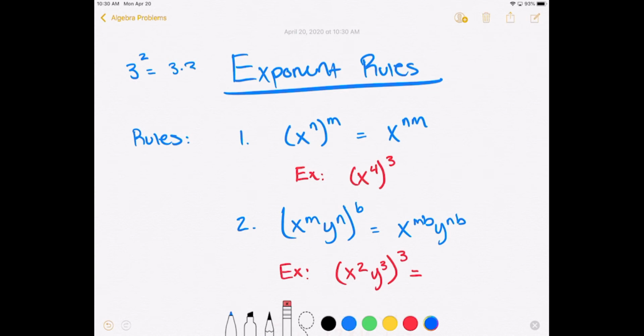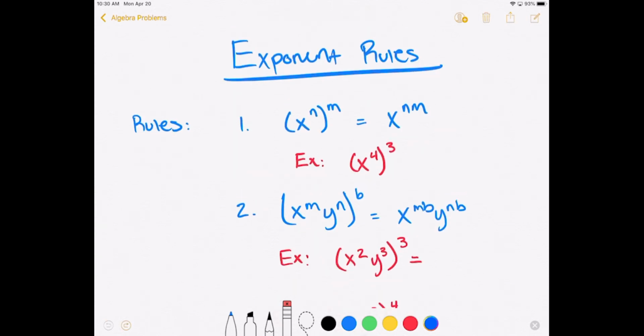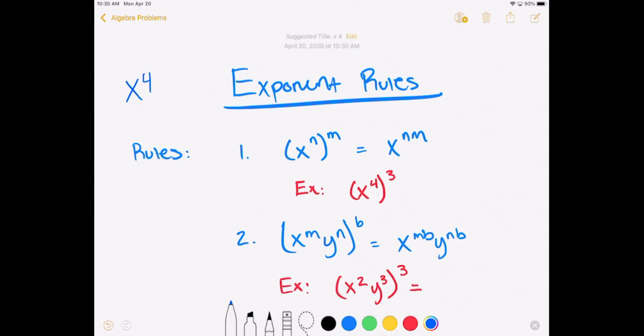If I have x to the 4th, like it shows right there, that means I actually have 4 x's.